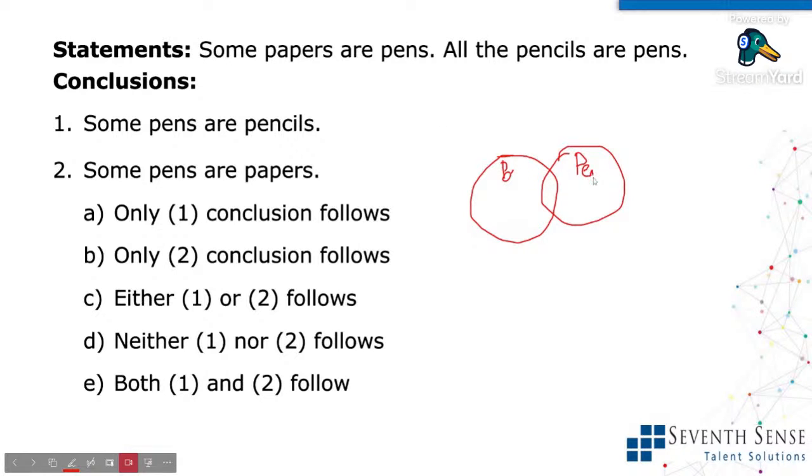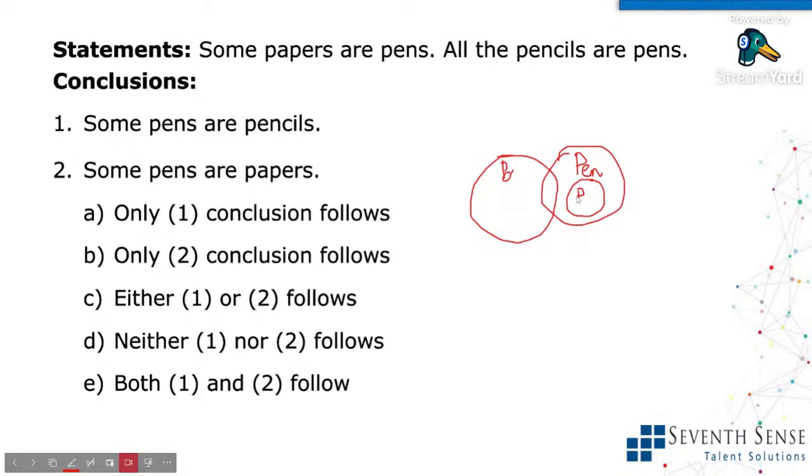Let us write pen itself because we have pencil again, it will be a confusion. Now you need to put a small diagram inside this. Just put it like this. Until and unless they say there is some intersection between your paper, please do not take some intersection on your own.